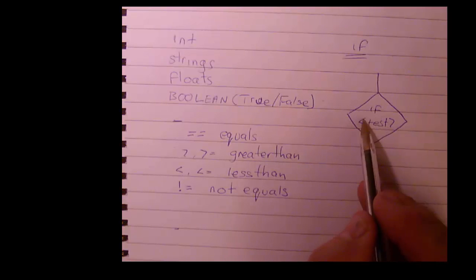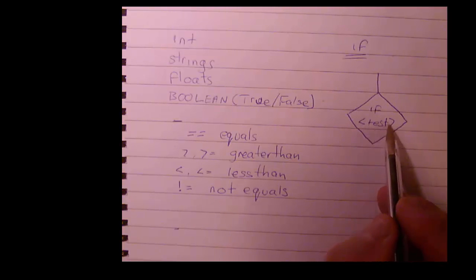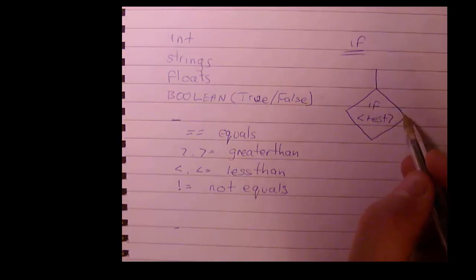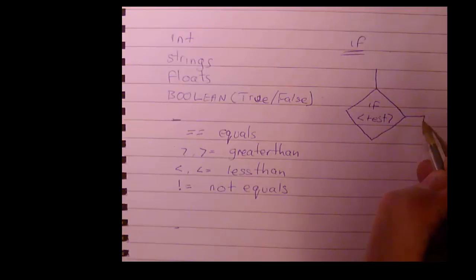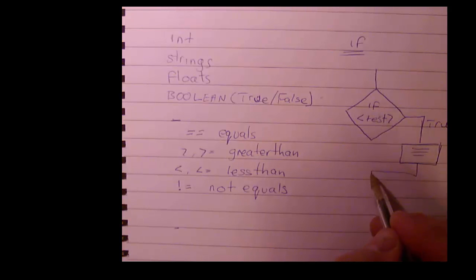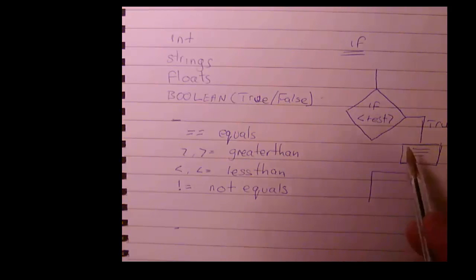The test in here will either return a true or a false. If it returns a true with a simple if statement, we go down and do another block of code, whatever's in that block, and our program continues. If we just do a simple if statement, that's all that happens.